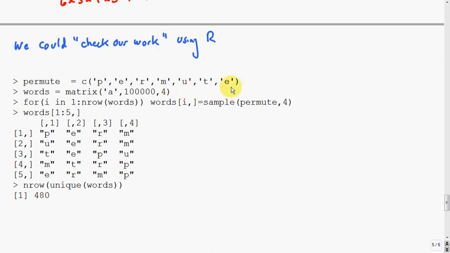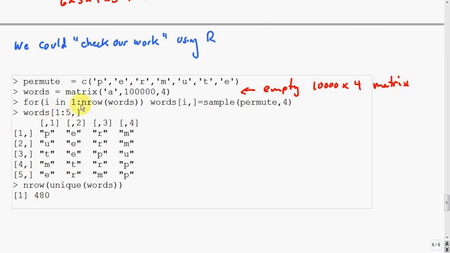So this is just setting up an empty matrix full of A's, and it has 10,000 rows and 4 columns. And then I'm going to loop over the number of rows in this words matrix, which is 10,000. So I could have just written 10,000 here also.